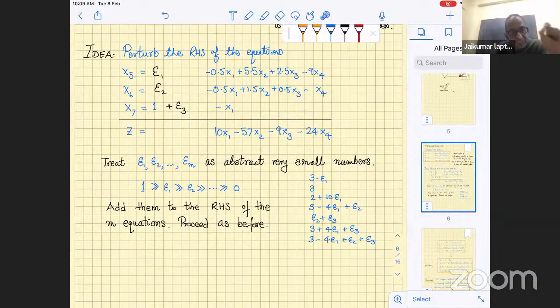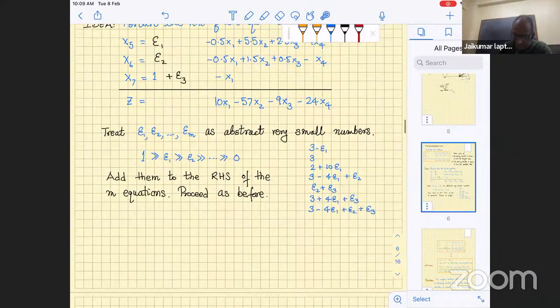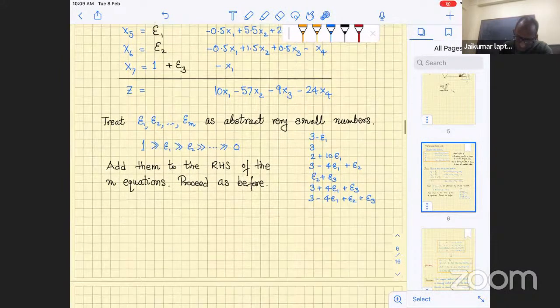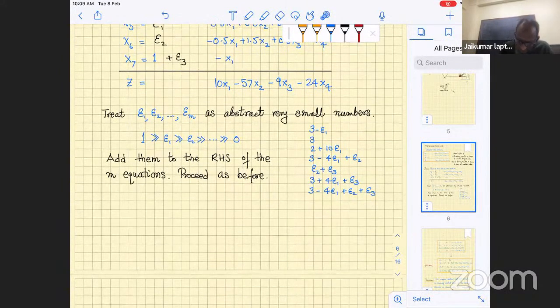So we need some way of comparing. If you have only expressions like this, it's easy to say which one is the smallest and which is the next smallest.